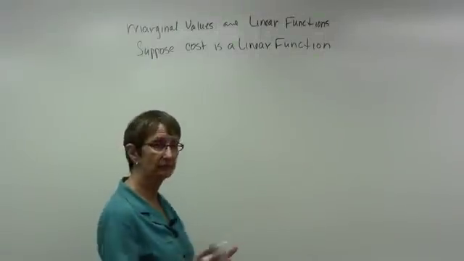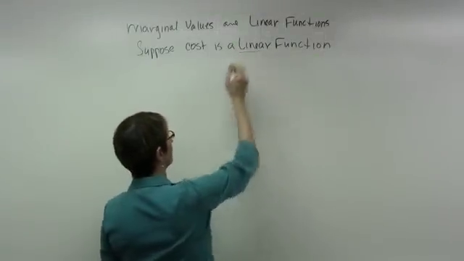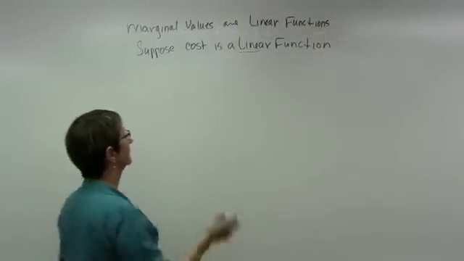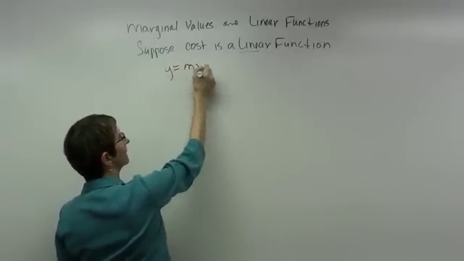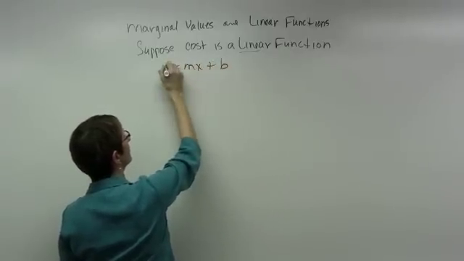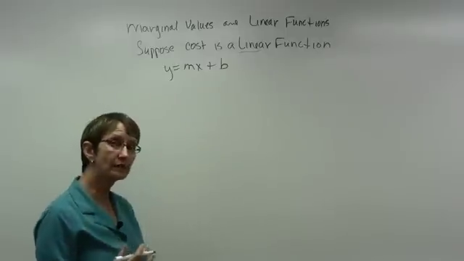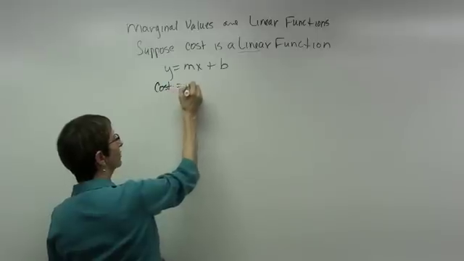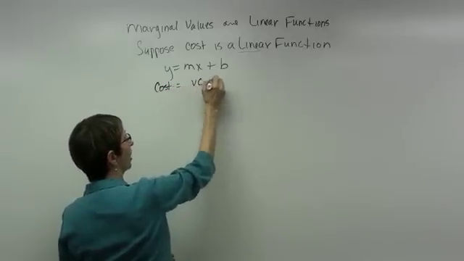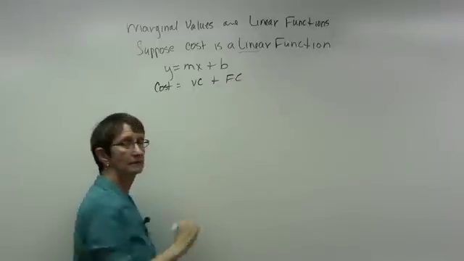Now, when you think linear function, think equation of a line. So we're working with y equals mx plus b. Now, our standard cost function, cost, is equal to variable cost plus fixed cost.